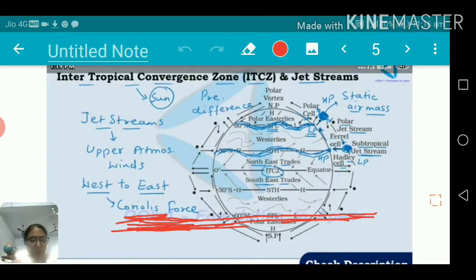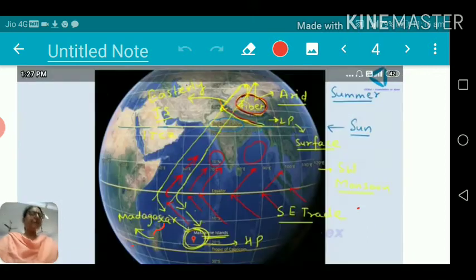It becomes the southwest monsoon. In winter, the ITCZ zone moves southward, and so the reversal of the winds from north to south and southwest takes place. These are called the northeast monsoon, and due to this monsoon, weather keeps on changing.